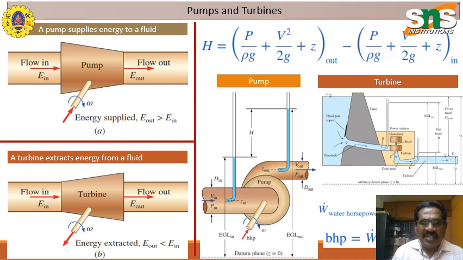Energy extracted, E out is less than E in, because of some losses that happen there. The head is given by the subtraction of the input and the output. Here you see Bernoulli's equation has been used. In this part you see the centrifugal pump. This is the inlet pressure, and once it goes inside, this is the output head. The difference between these two is called the head here.